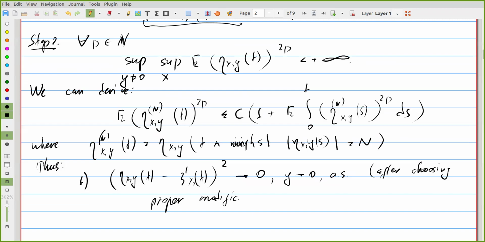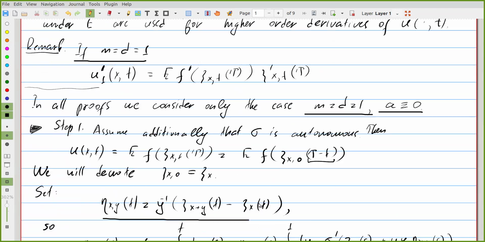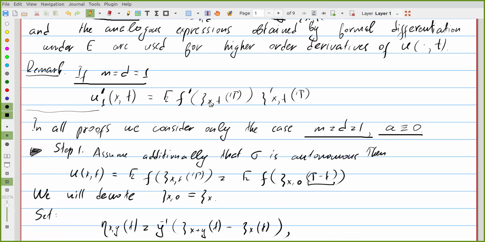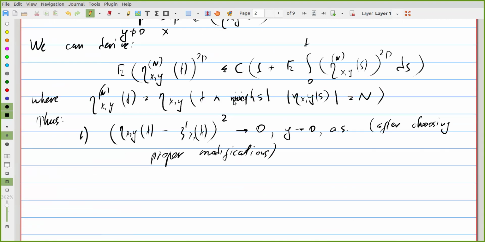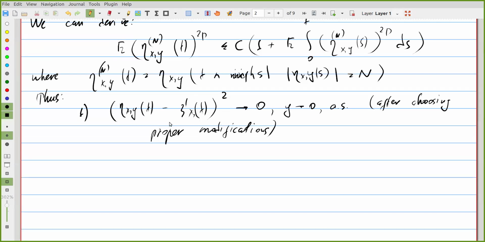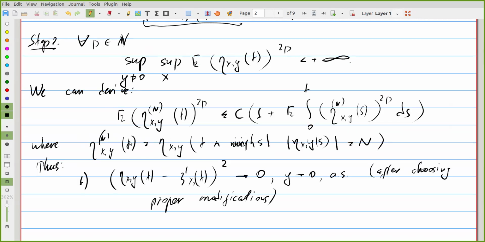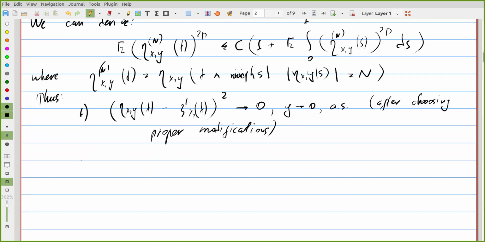But we did this exactly in the previous lecture, because all the calculations in this proof happen for fixed x, t, capital T. So by changing the modification, we do not change anything in those formulas. So this holds almost surely.